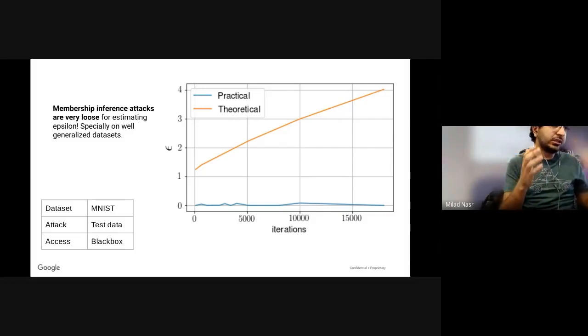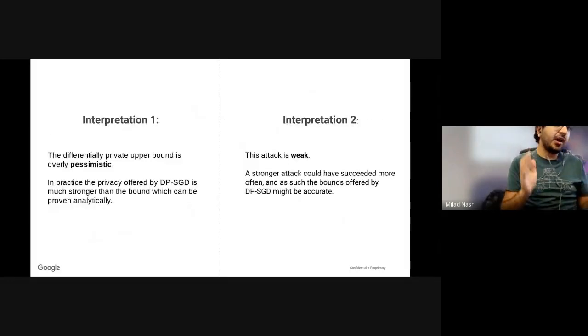So this result can have two types of interpretations. One way of thinking is that the DP-SGD bounds are very loose and overly pessimistic, and in practice they give us much better privacy guarantees than the theory says.